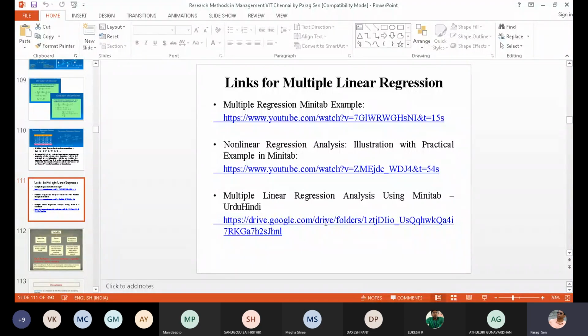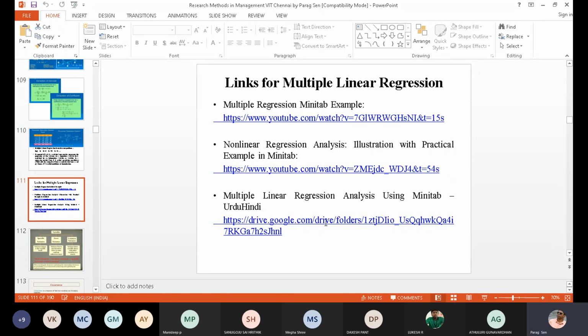You should just know how to conduct this using Minitab. I have given you the link of Minitab. You can download it from the Google Drive. If it works, then it is good, but if it doesn't work, you need to purchase it, or use the free version, which is valid for 30 days.